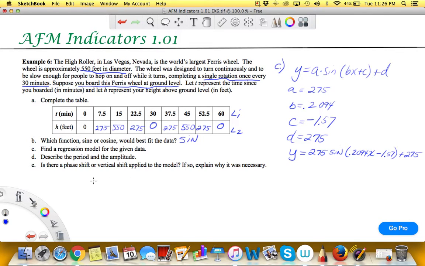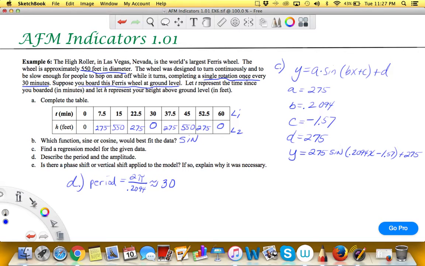From there, part D asks us to describe the period and the amplitude. In order to find the period, we have to do 2 pi over b. In this case, b is 0.2094, and when we calculate that, we get approximately 30. Notice this 30 goes back to the problem.